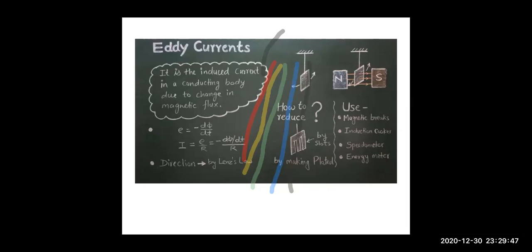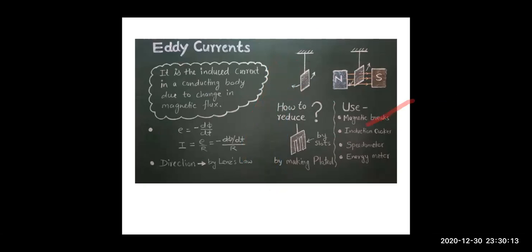Now, children, it is not so that we cannot use this eddy current. As we know, eddy currents produce retardation. That is, they can stop a moving object. So using this concept, we can use eddy current in brakes.